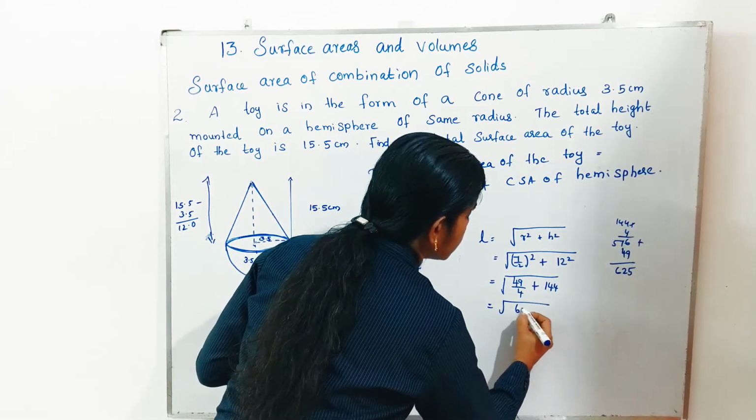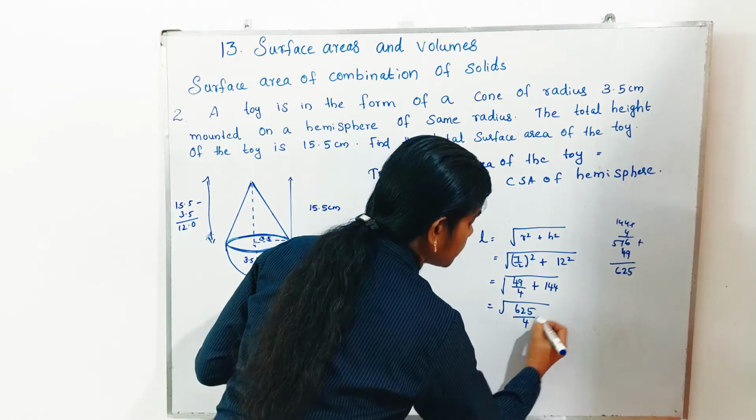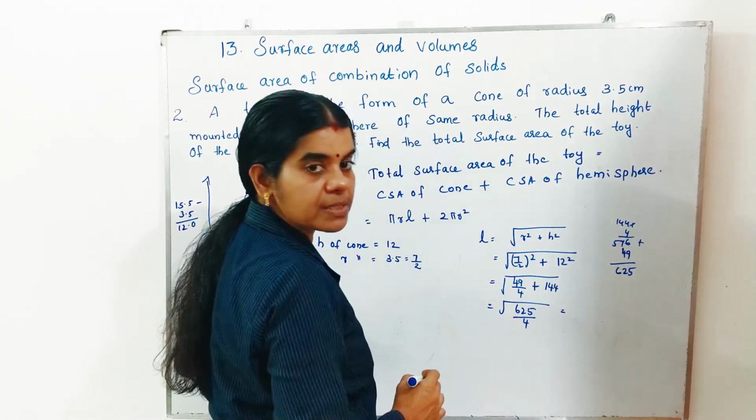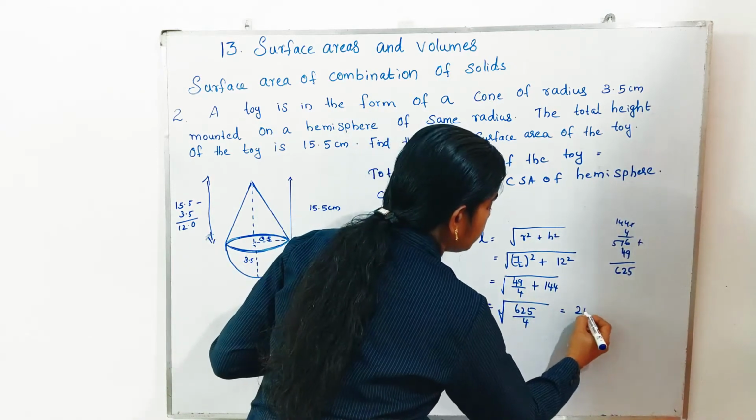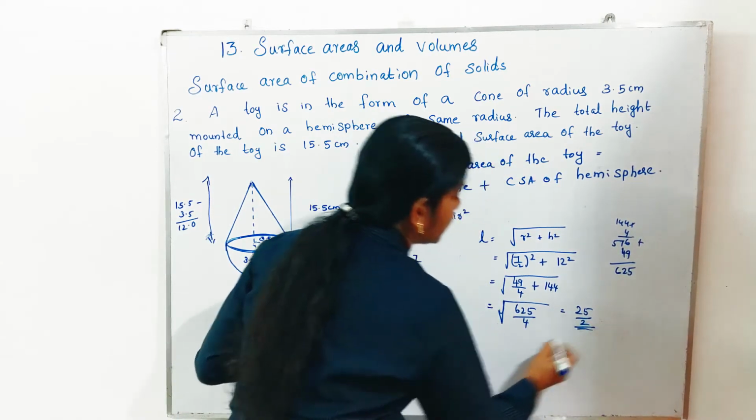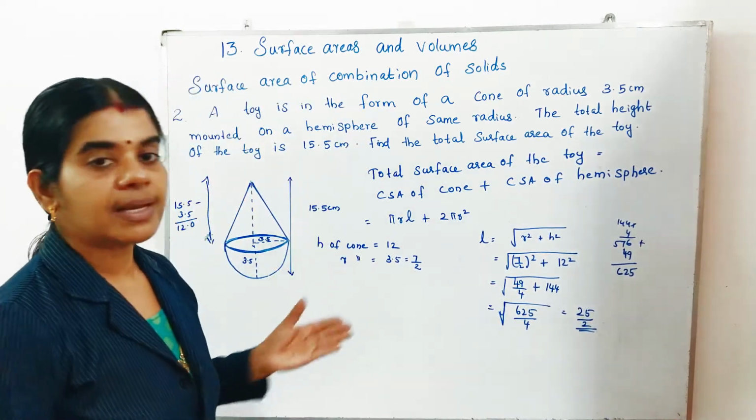Root of 625 divided by 4. Root of 625 means 25, root of 4 means 2. That is 25/2, which will be the slant height of the cone.